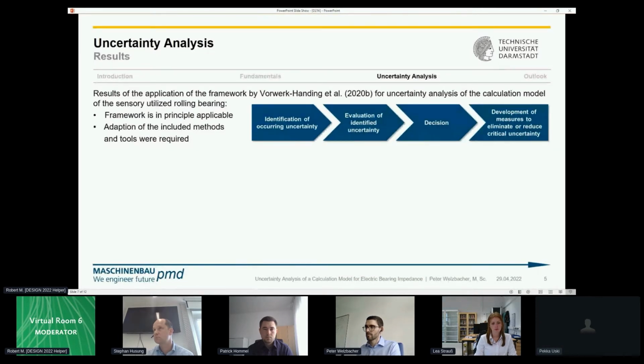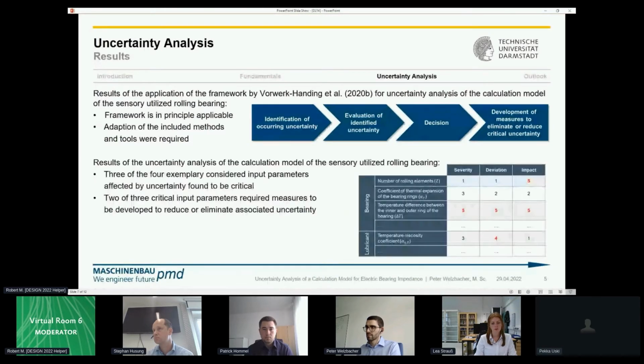Especially in the evaluation of identified uncertainty, adaptations had to be made since the originally defined evaluation criteria were only partly transferable. In the course of the uncertainty analysis of the calculation model of the sensory utilized rolling bearing, we found that of the 4 uncertainty affected input parameters that we exemplarily considered in our contribution, 3 are critical for the quality and reliability of the data provided.